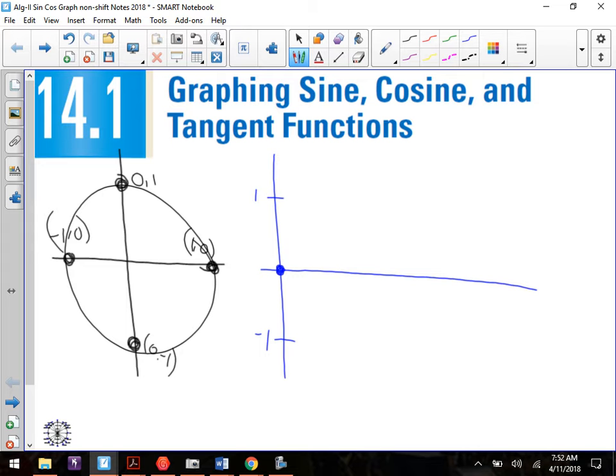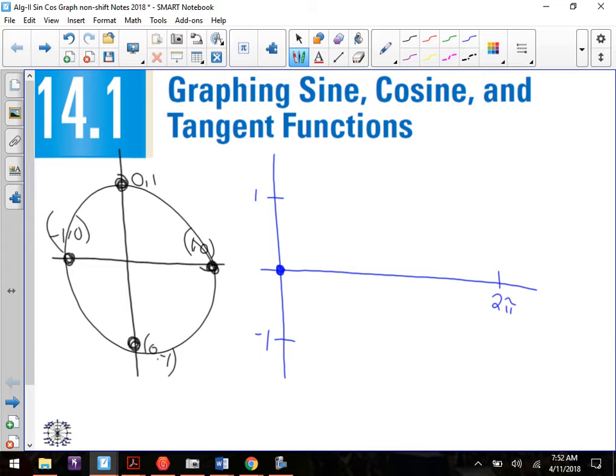You're not wrong by saying 0, because as you start at 0, you go all the way around, you wind up back at 2 pi. So sine repeats itself after one revolution, and then it goes on again, and again, and so on.